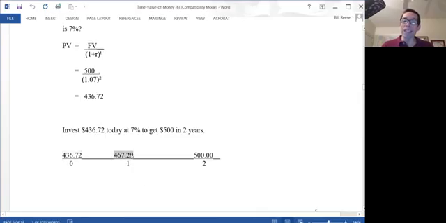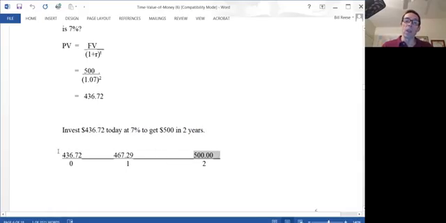So this number is 7% more than this number is. Now this times 1.07 gives me exactly $500. So this times 1.07 gives me this, and that times 1.07 gives me that.